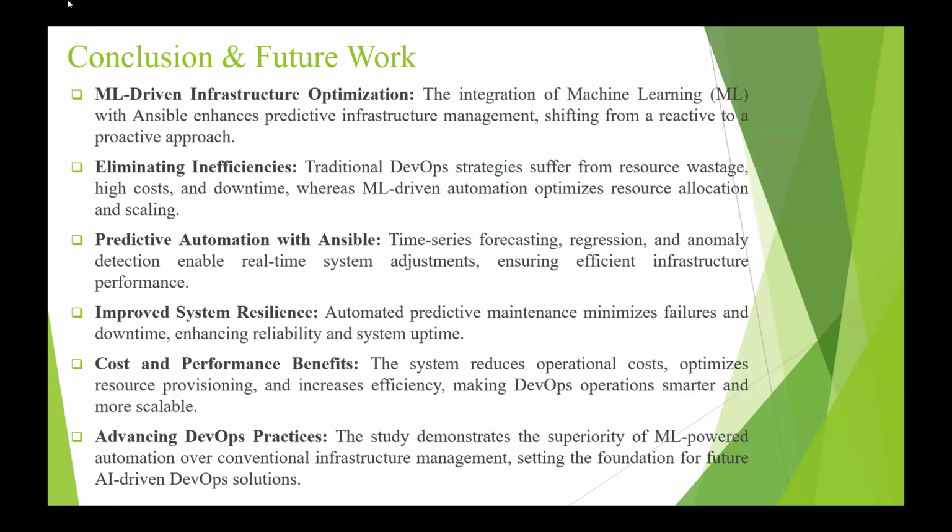Now we have predictive automation with Ansible, like time series forecasting, regression, and anomaly detection, enabling real-time system adjustment, ensuring efficient infrastructure and performance. Now the improved system reliability: automated predictive maintenance minimizes failure and downtime, enhancing reliability and system uptime.